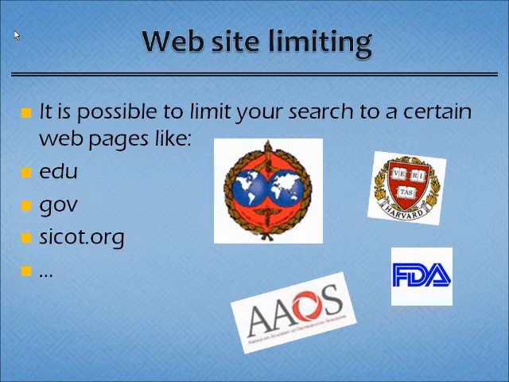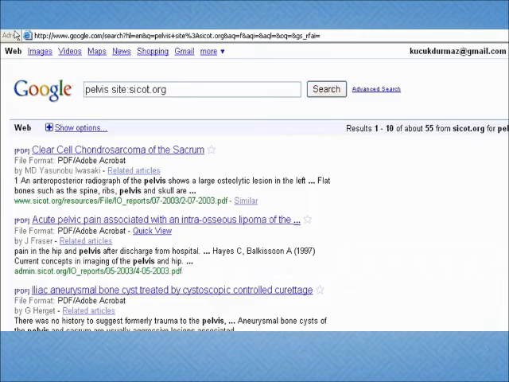You know, these are the web pages of educational institutions. So we know that the information that we reach from .edu web pages is of higher quality, or .gov, which is related to the governmental, or CCOT.org, AOS.org, whatever. It's more trustable. So we can use this instrument when we make a search.